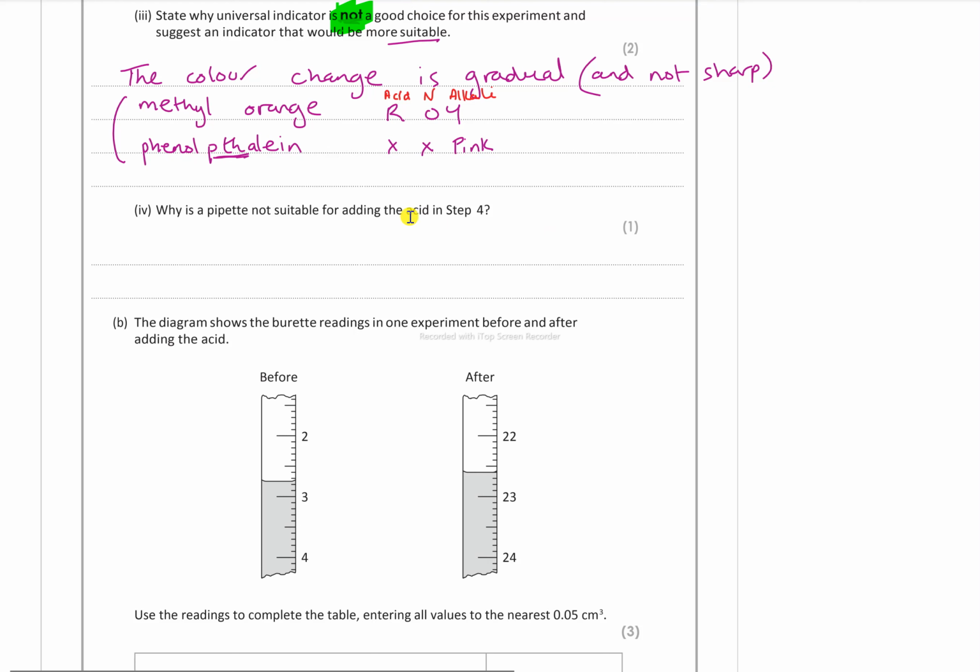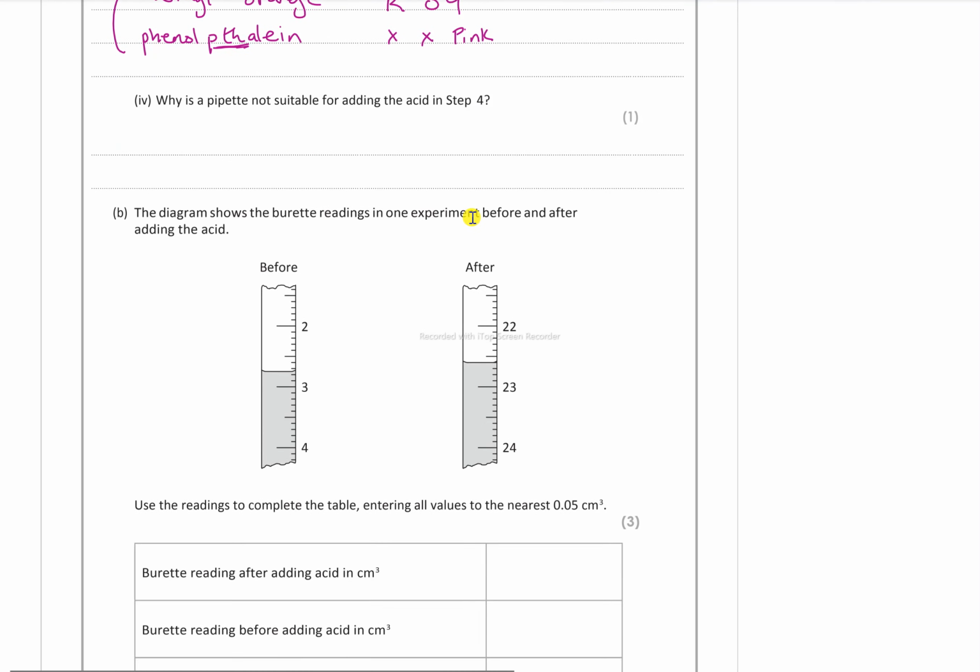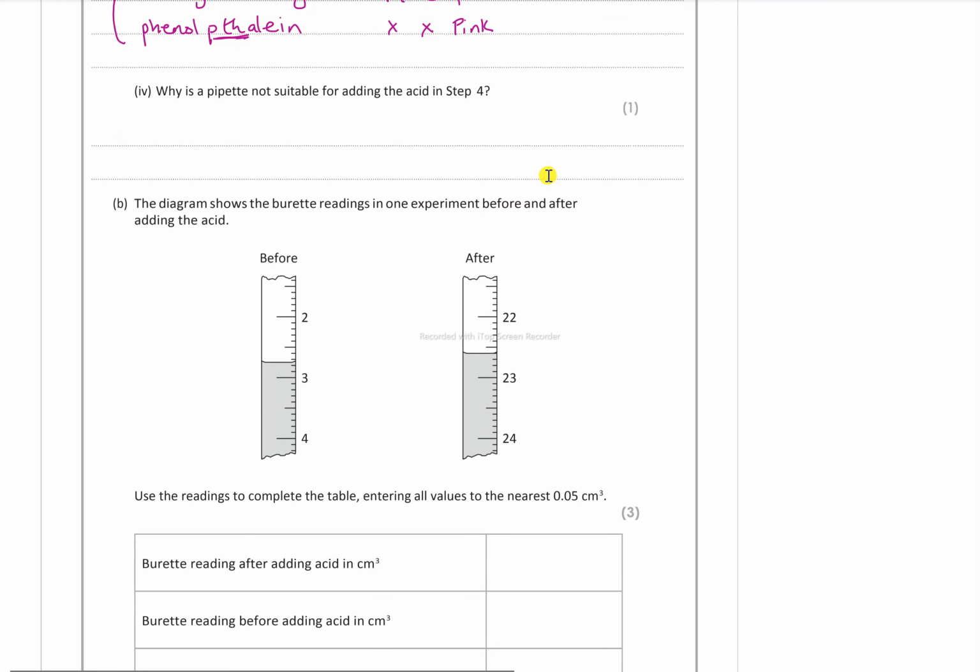Right, why is a pipette not suitable for adding acid in step 4? Right, because it delivers a fixed amount of liquid, right? Or you can say you cannot control the amount you add with it here, yeah?